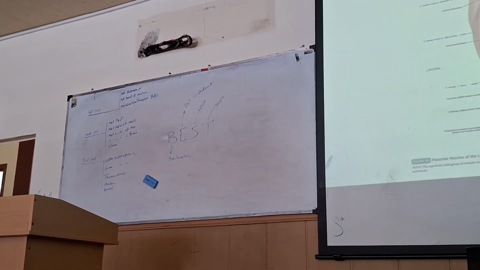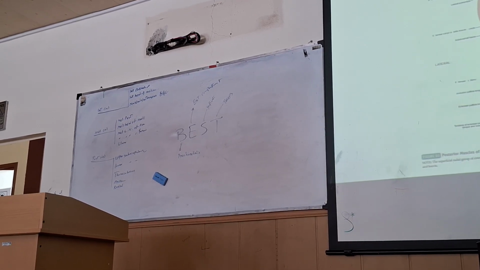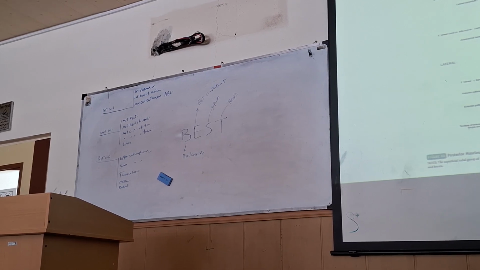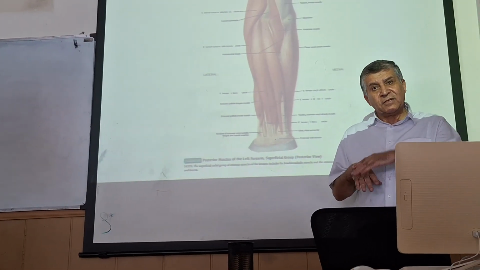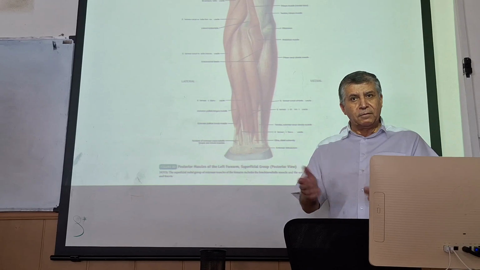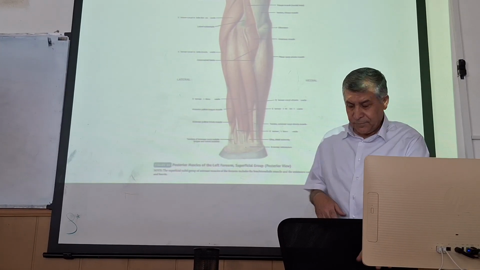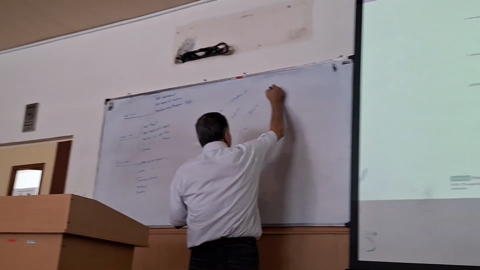In this figure, the extensor digitorum and the extensor indicis are two muscles. Extensor digitorum is superficial, and extensor pollicis is deep. Brevis is not, brevis is in the hand.